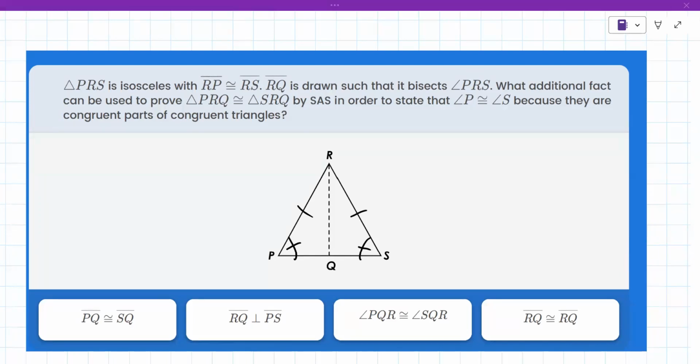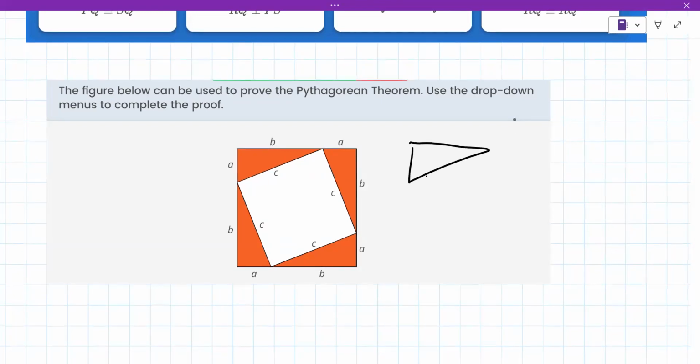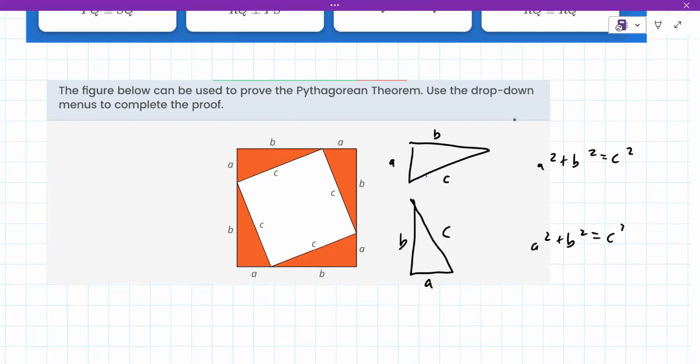The problem here is the typical way that they prove the Pythagorean theorem. They say that you get a little triangle, this triangle in the top left, A, B, C, A squared plus B squared equals C squared. And then this one down here, it ends up being A, B, C, A squared plus B squared equals C squared, and so on, right?